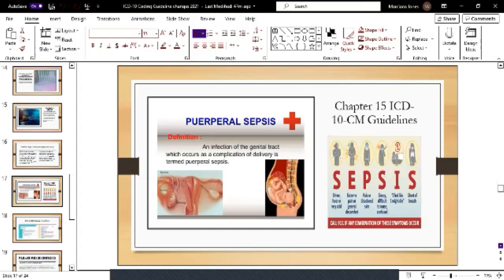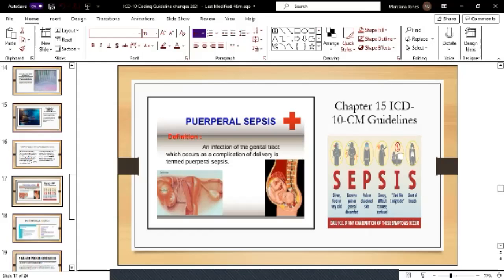Okay, so you ready? I'm going to give you time to take your notes. So for sepsis, it's an infection of the genital tract, which occurs as a complication of delivery. And in this term, puerperal sepsis. Puerperal sepsis.